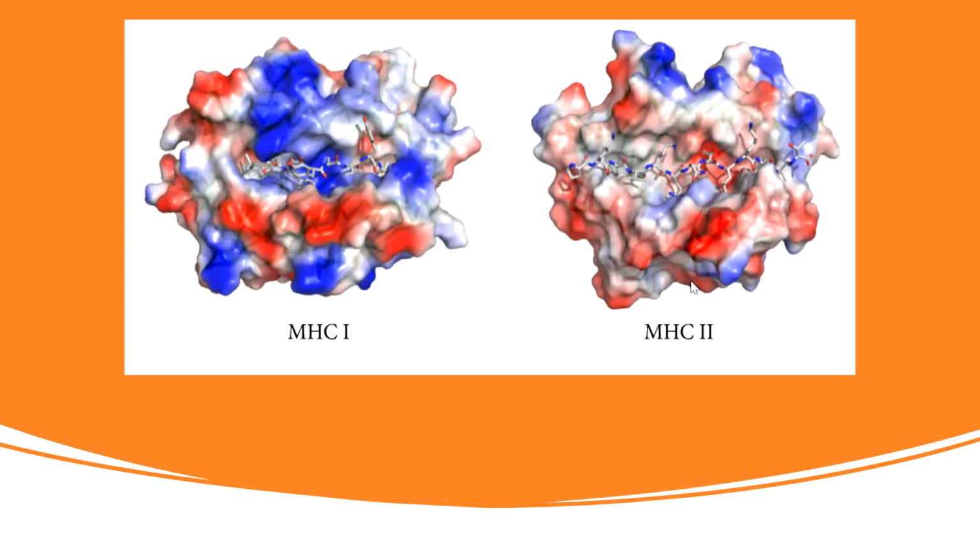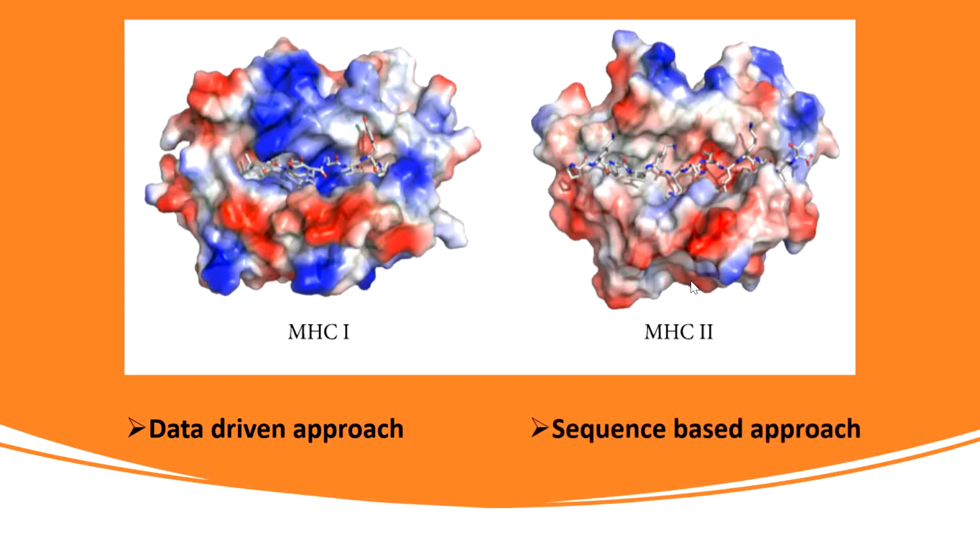Now, given the relevance of the problem, there are numerous methods to predict peptide MHC binding. They can be divided into 2 main categories: data driven approaches and structure based approaches. The structure based approach generally relies on modeling the peptide MHC structure, followed by evaluation of the interaction through methods such as molecular dynamic simulations.